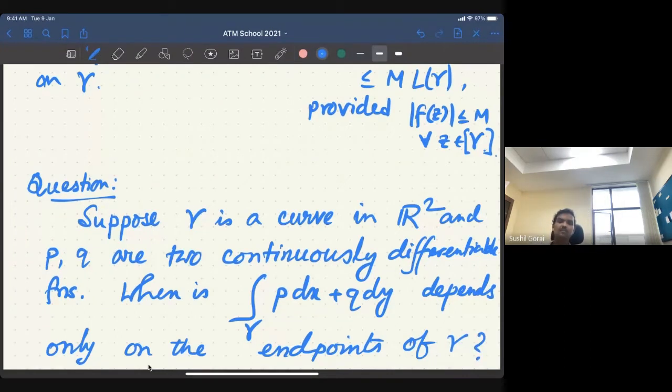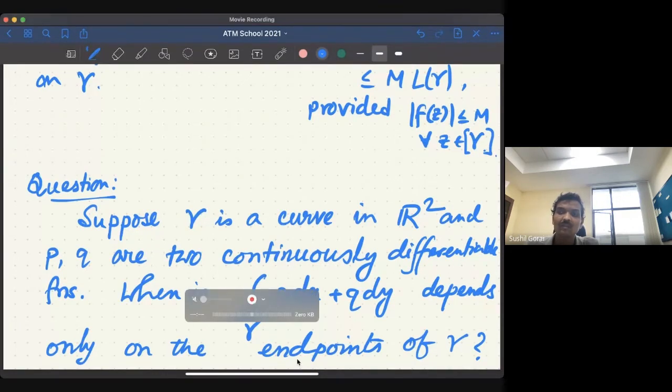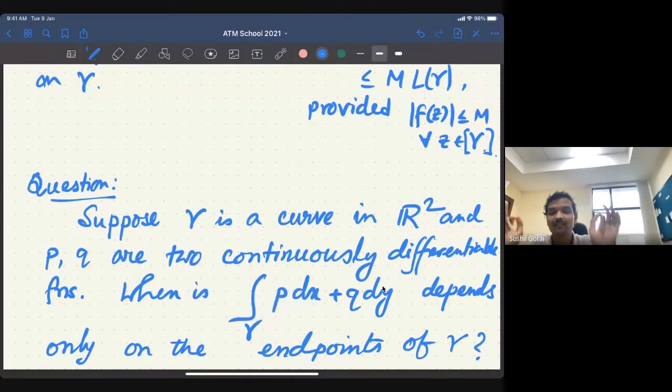See, this is a question in R2. There is nothing to do with complex analysis here, right? It's just p dx plus q dy, which you integrate over a path or over a curve in R2.